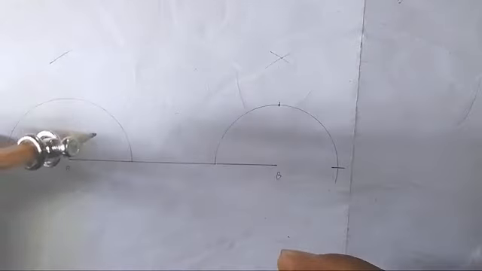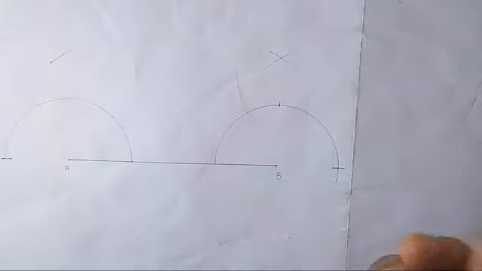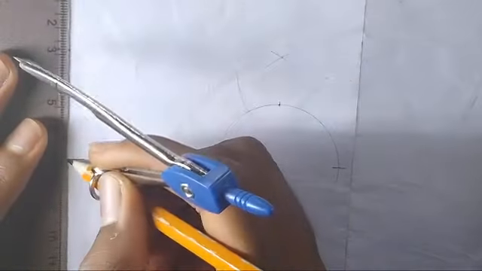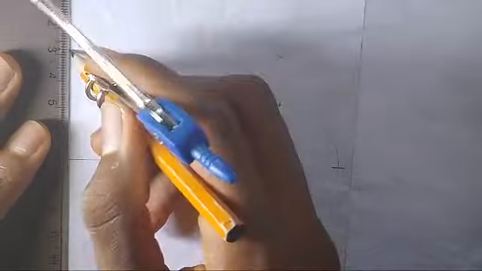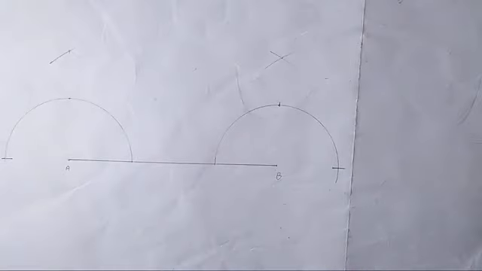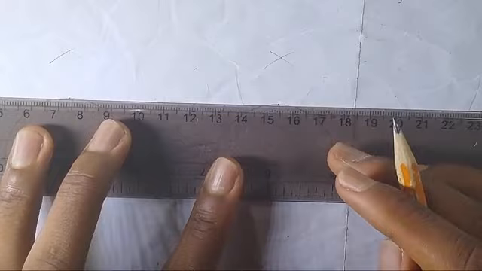Bisect, get 90. After bisecting to get 90, then at that point you mark off on the semicircle. So these 2 points where you marked off, that is where we draw another straight line, at the top of the semicircle.